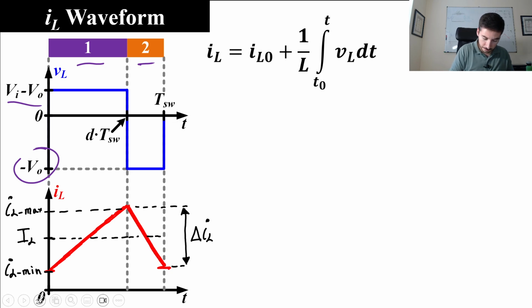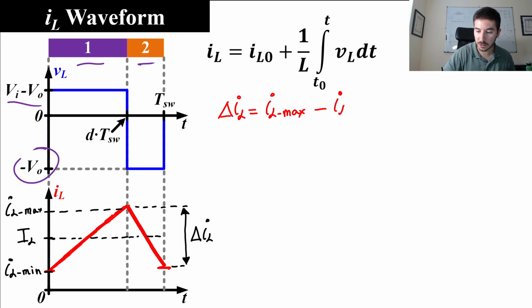Because basically, we can say that the inductor current ripple is the maximum value minus the minimum value. But at the same time, we can express this in a different way.